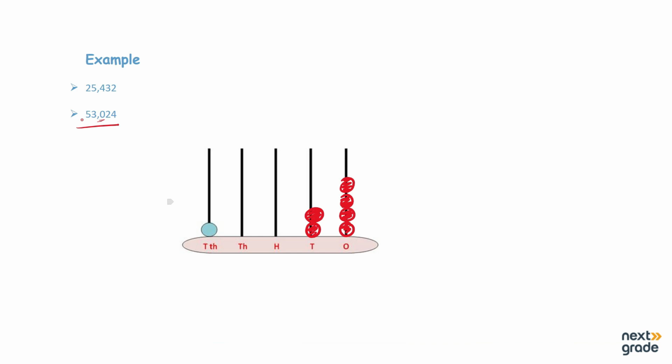At the hundreds place there is 0. That indicates there are going to be no beads in the hundreds place. 3 indicates thousands, and we are going to put 3 beads in the thousands place. And the next is 5, that is 50,000, and we will place 5 beads in the 10,000s place. So you can see we can also solve the abacus by directly converting the number into the place values.